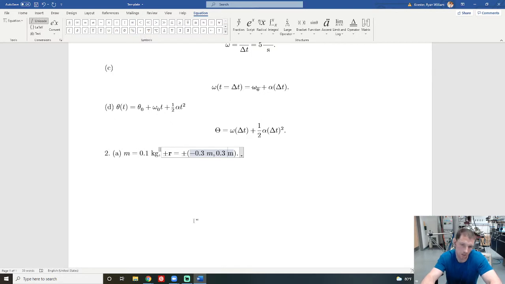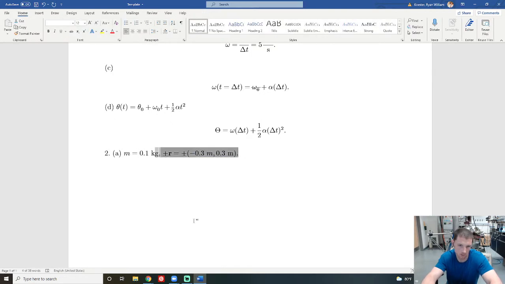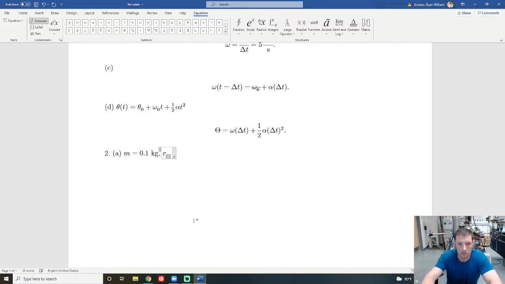Or, you know what, I'm sorry, this is probably confusing. Let me just do this. It's the simplest way, I think, which would be r sub plus will be negative 0.3 meters.